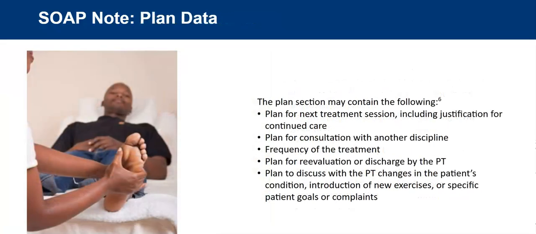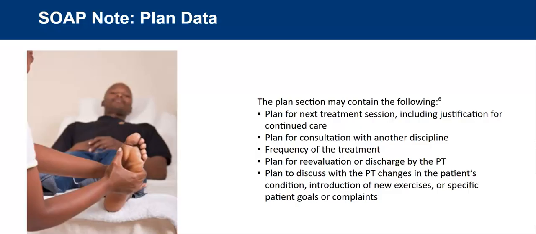Now the P, the plan. This is where we are going to state what our plan is for the next treatment session so that the next therapist coming in has an idea of what this patient needs to work on. So this could be something like next time try to increase the weight during the bicep curls to increase strength further, or something along the lines of that.